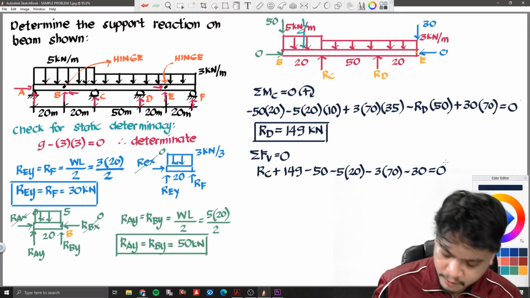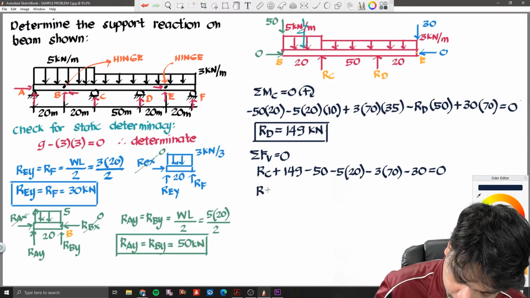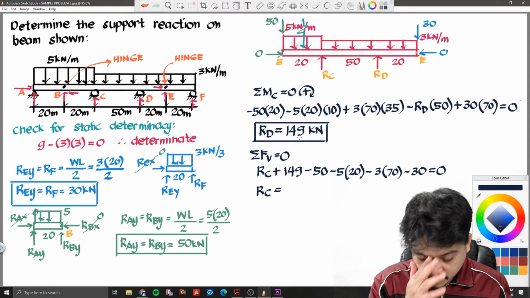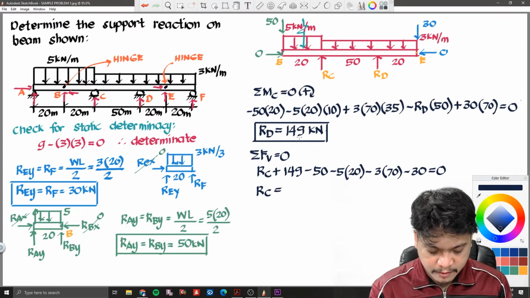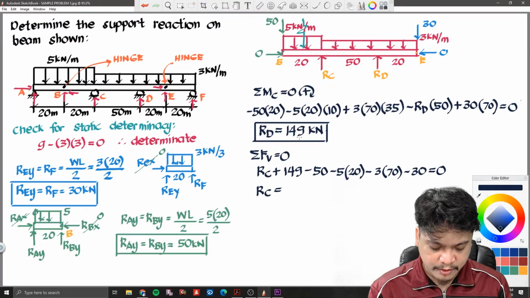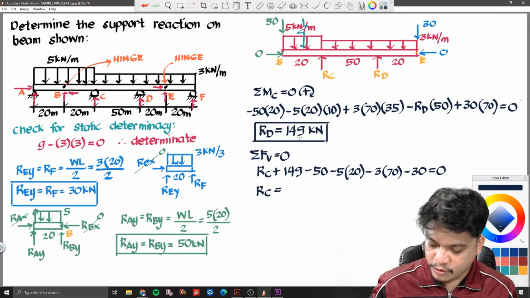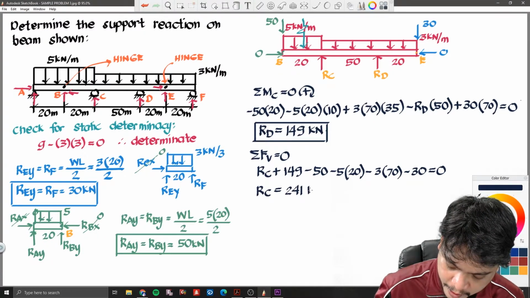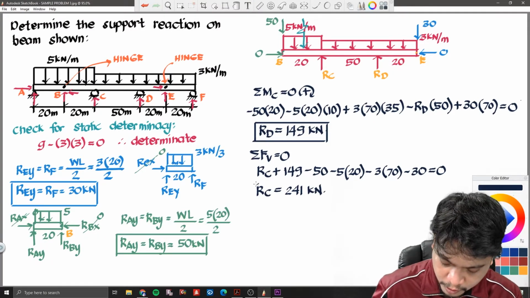Okay, so we will now have the RC. Okay, so for the RC, so that's equal to 50 plus 5 times 20 plus 3 times 70 plus 30, then minus 149. So you will be having RC as 241 kilonewton.